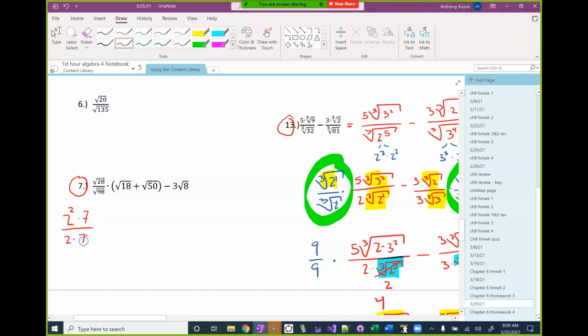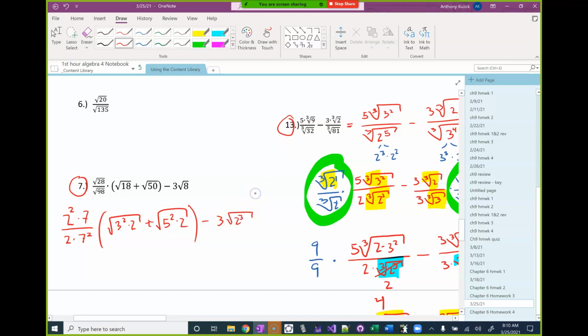And I'll make a decision about whether I want to think about that as one big radical or 2 separate radicals in a second, because I want to look at what's going on in here also. 18 is 3 squared times 2. And 50 is 5 squared times 2. And cube root of 8 is 2 to the 3rd.